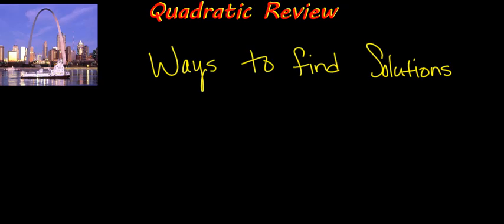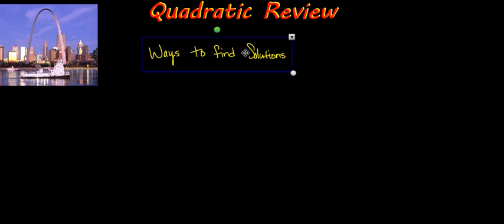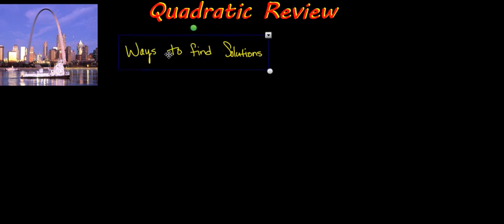Alright, let's go ahead and talk about ways to solve your quadratic equations. There's several different kinds of solving. Right now, we're just going to go ahead and list them, and then we'll talk about each way to do this. If you have a really pretty equation to graph, then you can always solve these by graphing.